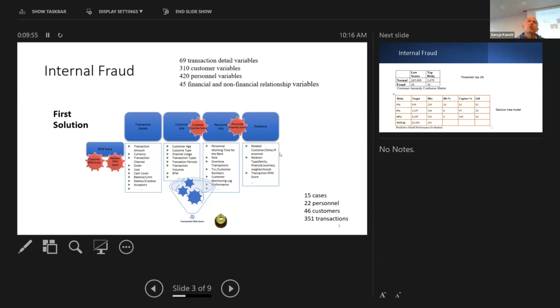So we measure how abnormal their activities are. So we calculate anomaly score for customers, and also we calculate the anomaly score for personnel. So how different that personnel is behaving as compared to other personnel. So these two anomaly scores, two RFM scores, together with the other details about the transaction, we put them in a pot and we developed a predictive score out of these.